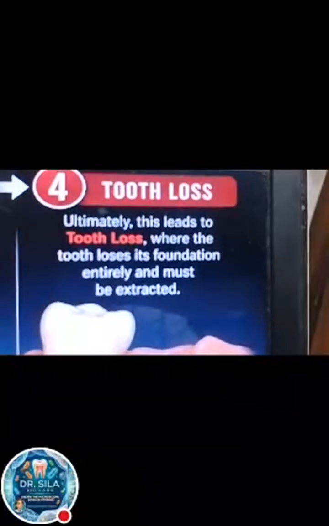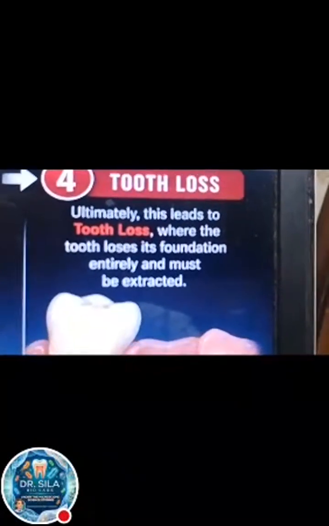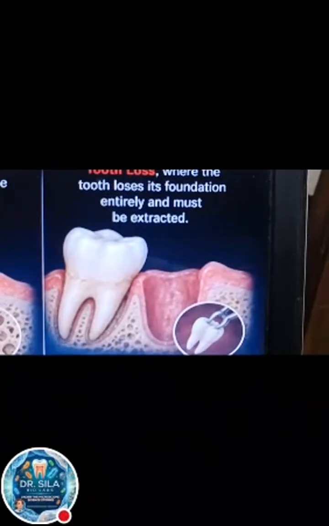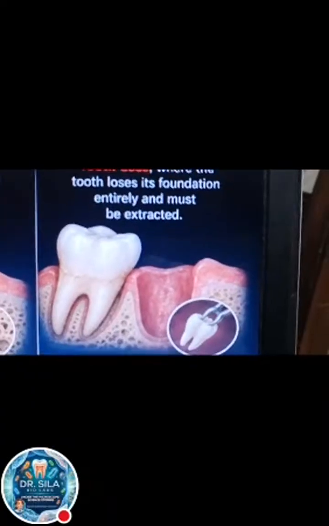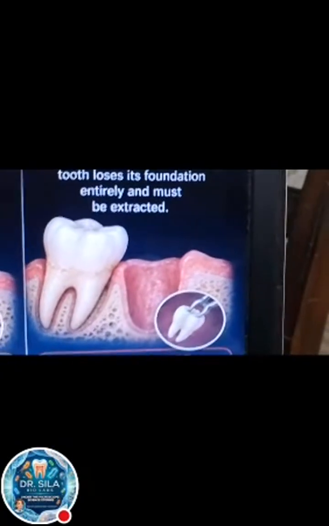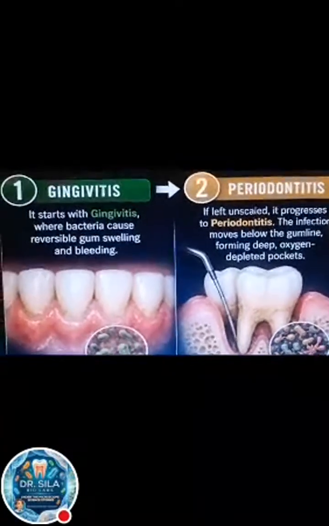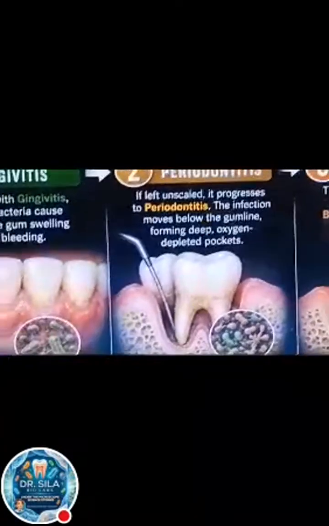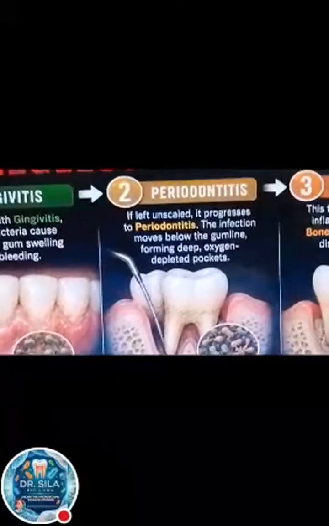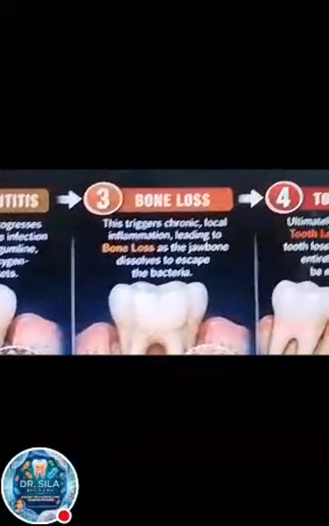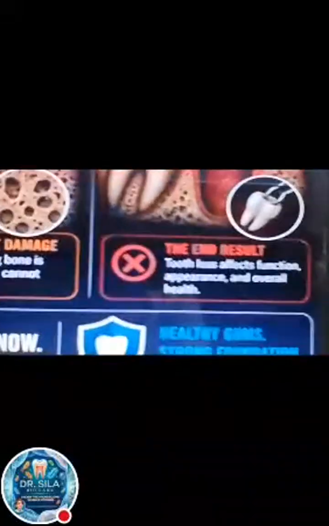Tooth loss. Ultimately, this leads to the fourth stage, tooth loss, where the tooth loses its foundation entirely. It falls out or must be extracted. So don't wait, don't ignore the signs, break the cycle now. Professional scaling removes the infection, stops the progression, and saves your teeth.